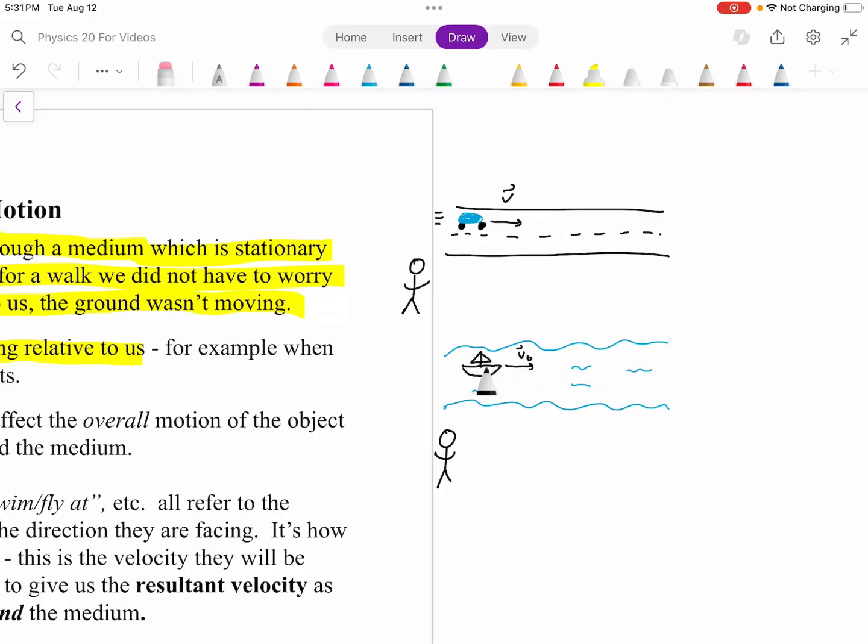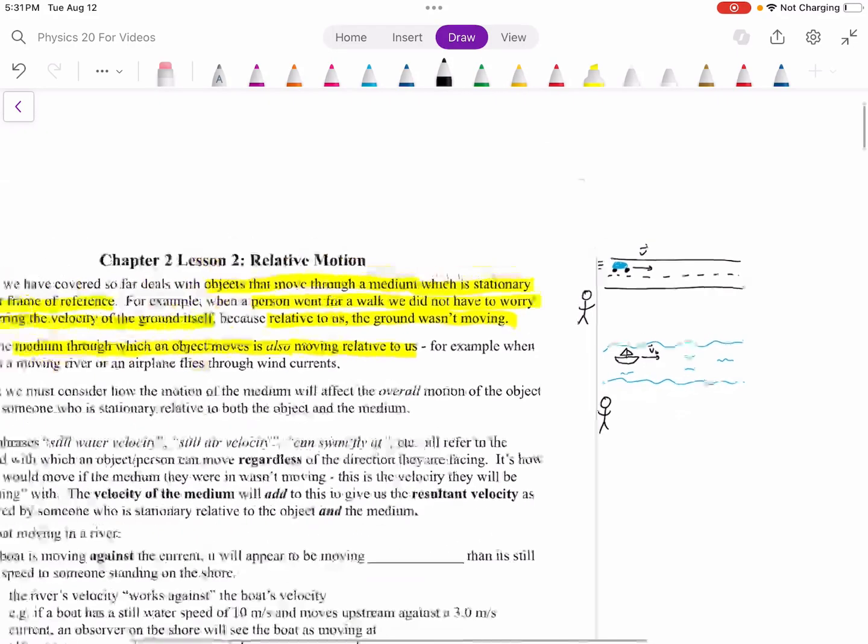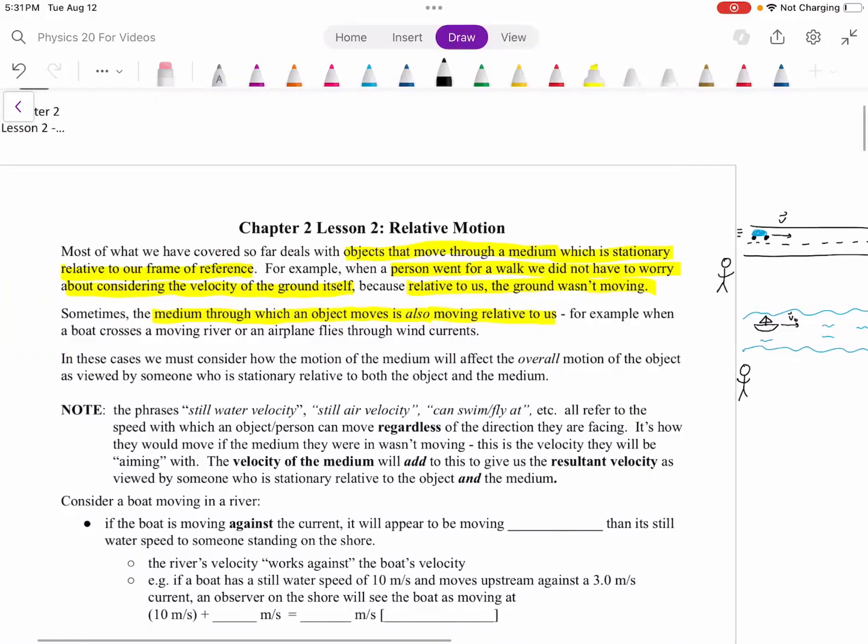So not only is the boat moving, but the river that it's moving through is also moving. If we wanted to figure out the velocity of this boat overall relative to us, we're going to have to factor in the fact that the river itself is moving. Unlike this situation, where if we wanted to calculate the car's velocity away from us, we just have to think about how fast the car is moving because the road itself is not moving relative to us. And that's the whole idea behind what we're doing today.